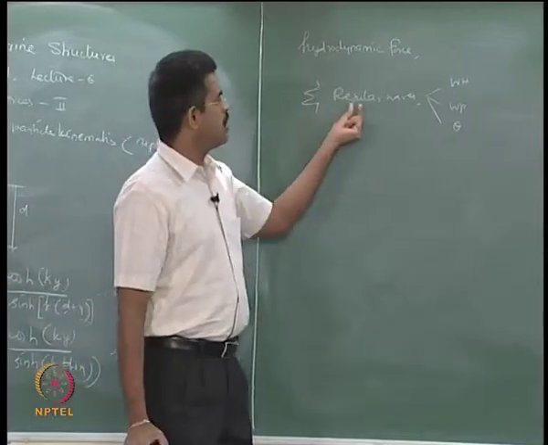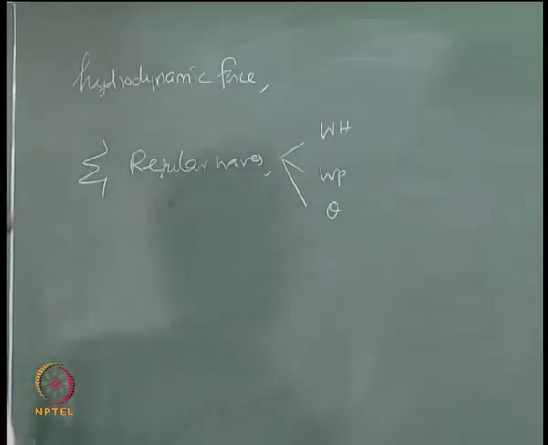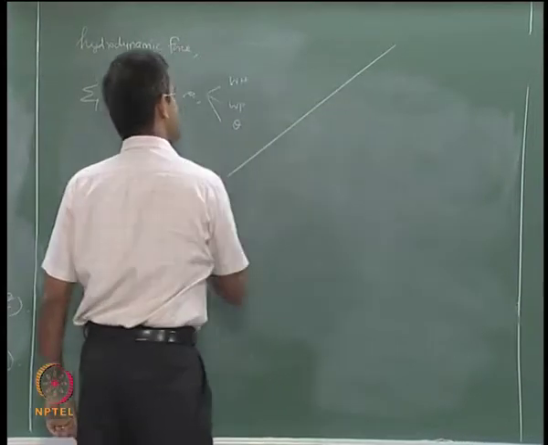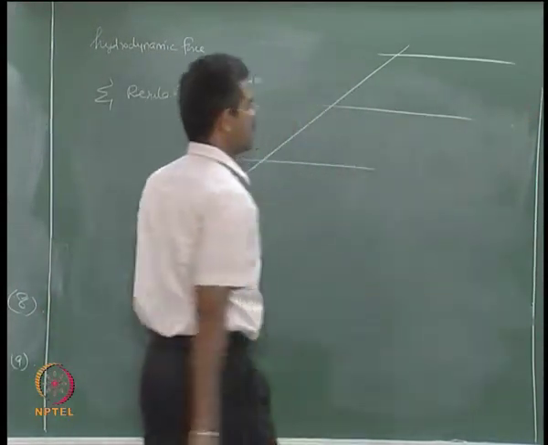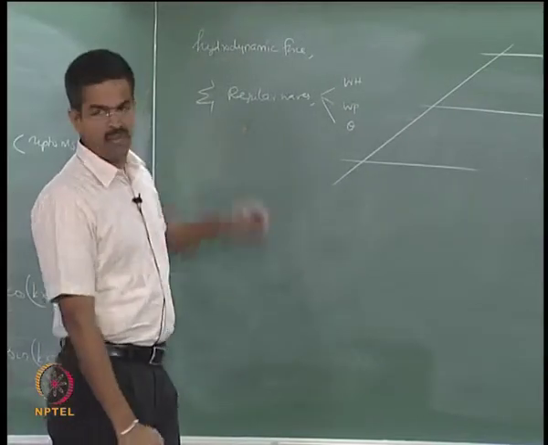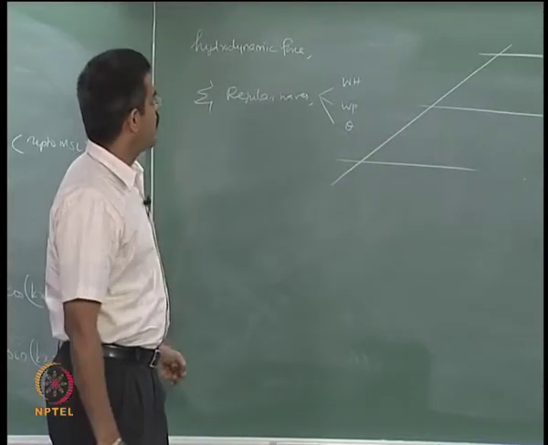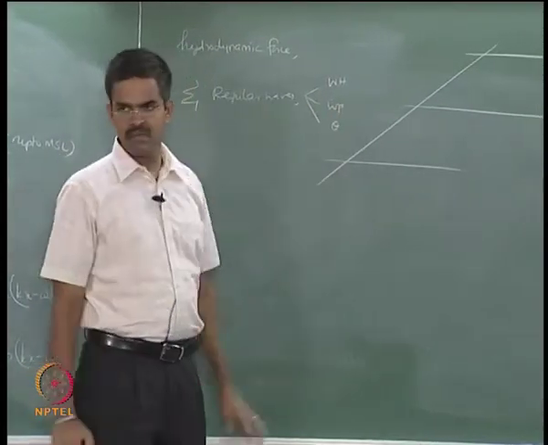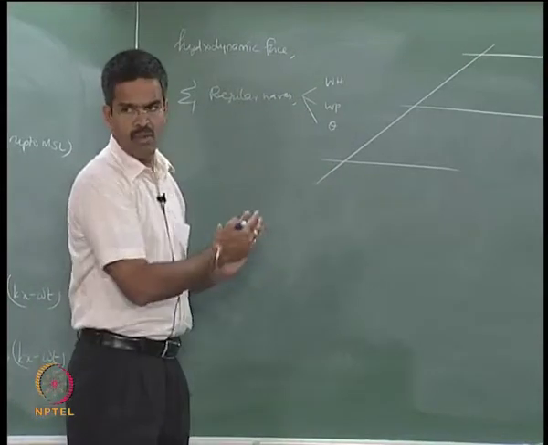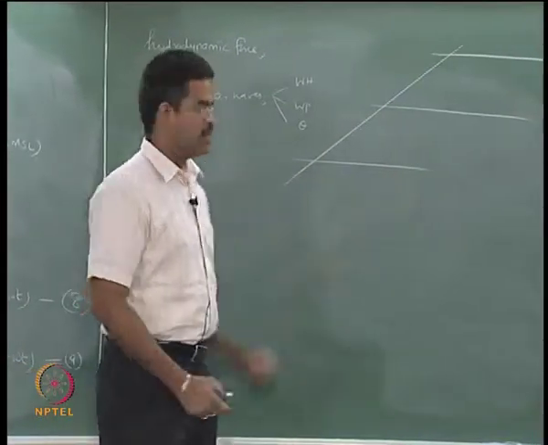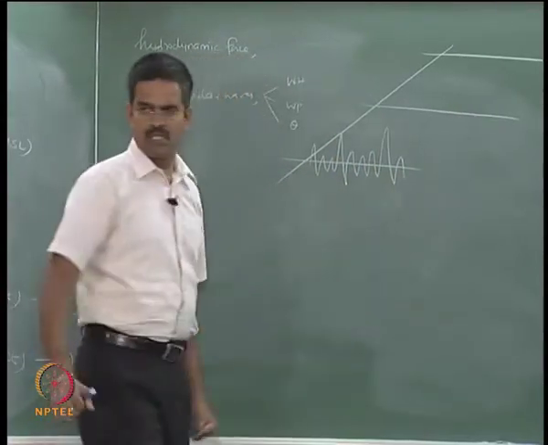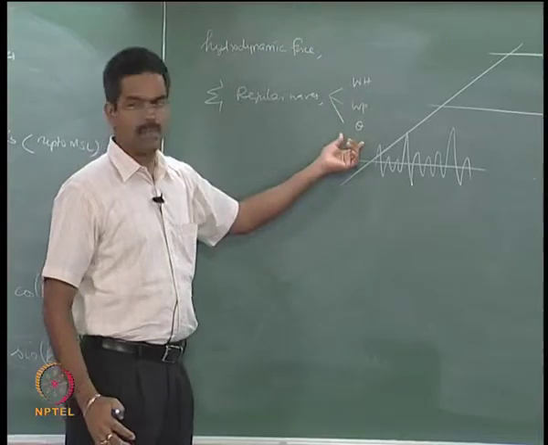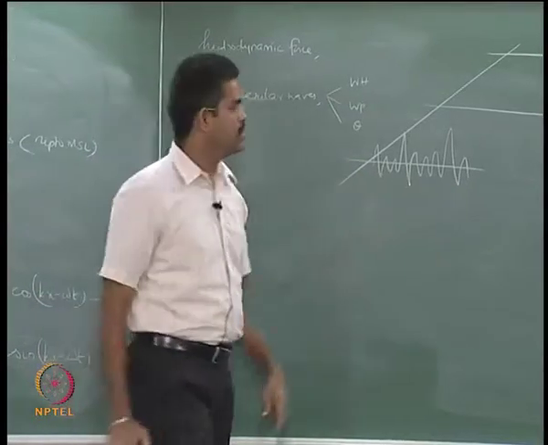So I am trying to draw a series of regular waves as you see in this picture here. I have taken 3 examples, 3 waves of different wave height, wave period and theta, but I am summing them all up, so I will get an irregular wave each time. Because I am summing up different components here, I get an irregular wave.